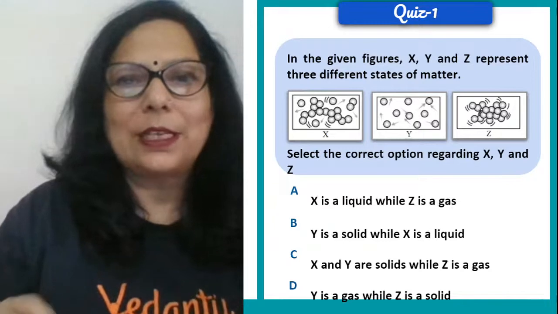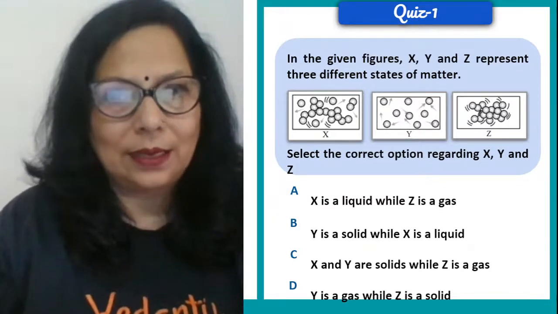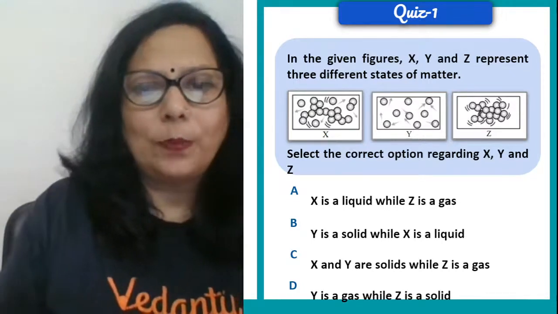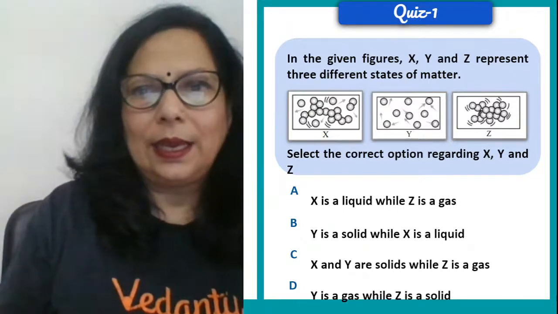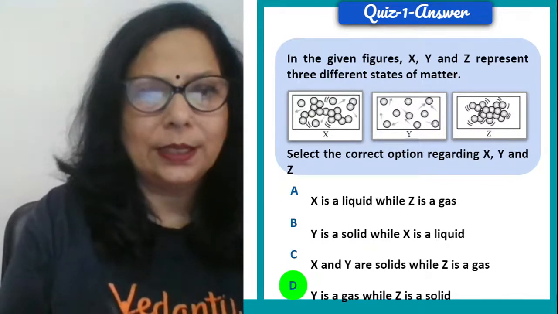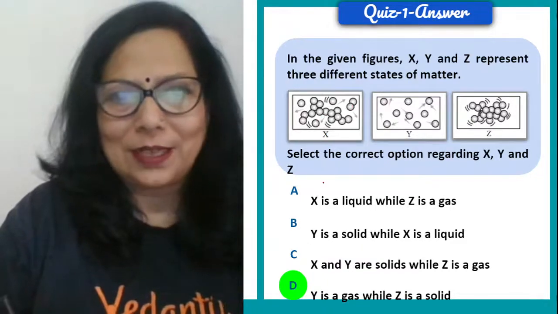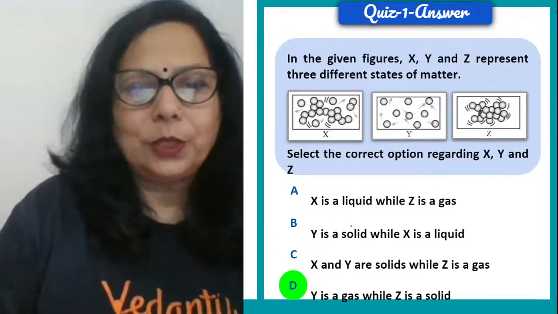In the given figures, X, Y, Z represent three different states of matter. Select the option regarding X, Y, Z. Here the molecules are very close to each other. Here they are far. Here some are close, some are far. So select the correct option.